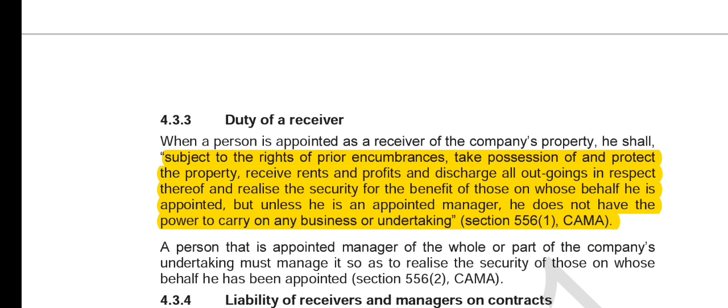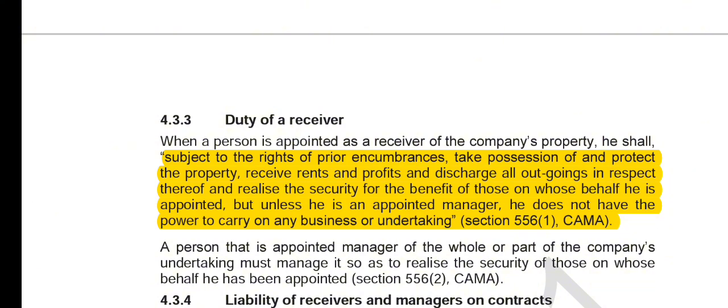When you talk about prior encumbrances, you should understand that in the settlement of debt there are properties that have priority over others, and he needs to put that into consideration, that every one of his dealings is subject to prior encumbrances, and he will take possession of and protect that property.